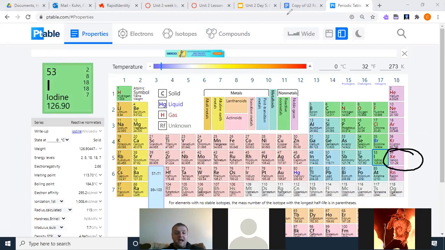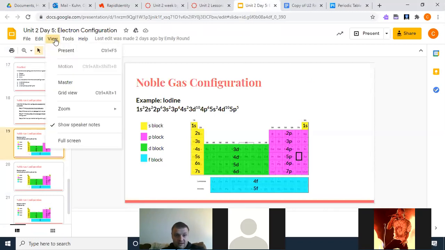You have to account for every electron. It's like if you babysit: if you start out with 3 kids, you better end the night with 3 kids. You better find all of them. Electrons are the same way. So you're going to pick the noble gas that comes before it.